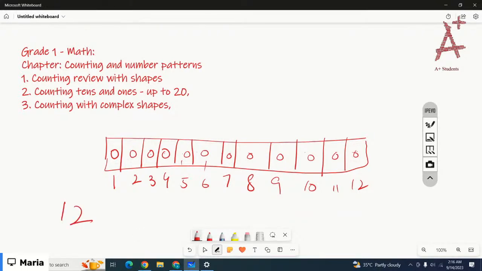You have to see how many tens we have and then how many ones we have, right? Okay, let's make things a bit clear.